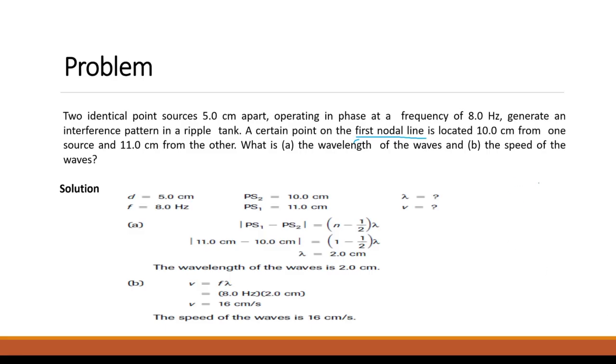So let's draw out what we were looking at before. We had our right bisector and our sources line, S2, S1, and we had a nodal line that was like this.